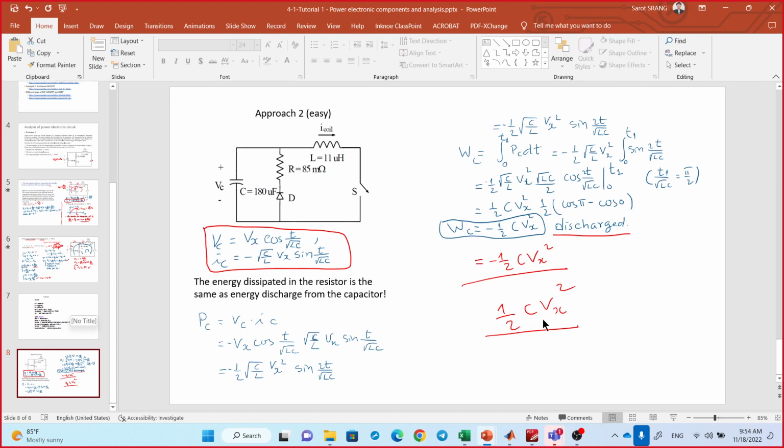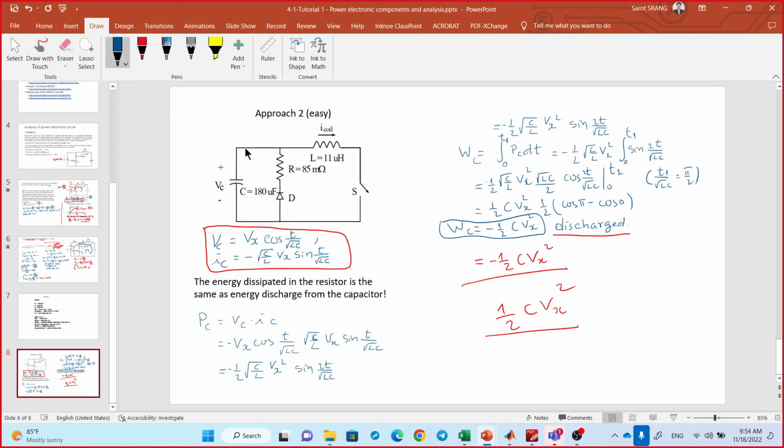Let's say if you have another resistor in here, which is usually the case, because it can have a very small internal resistance. Let's say you have resistance here also. Then the energy that is discharged from the capacitor also dissipates via another resistor here. Let's call it R1, at the same time it's stored in the inductor.